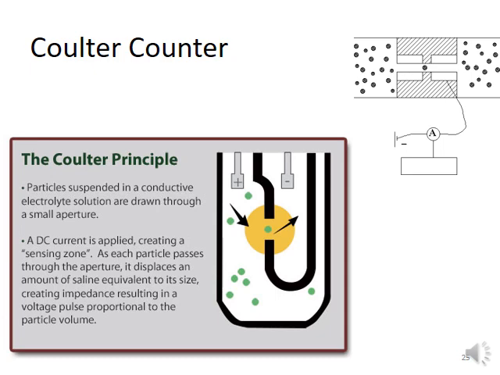Okay. A DC current is applied, creating a sensing zone. As each particle passes through the opening, it displaces an amount of saline, which is sodium chloride, equivalent to its size, creating resistance or impedance, resulting in a voltage pulse, which is proportional to the particle volume.